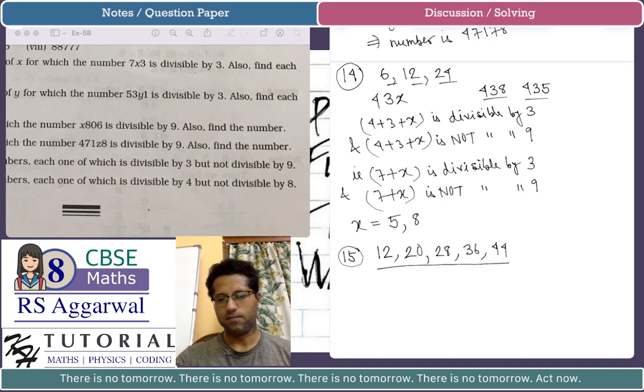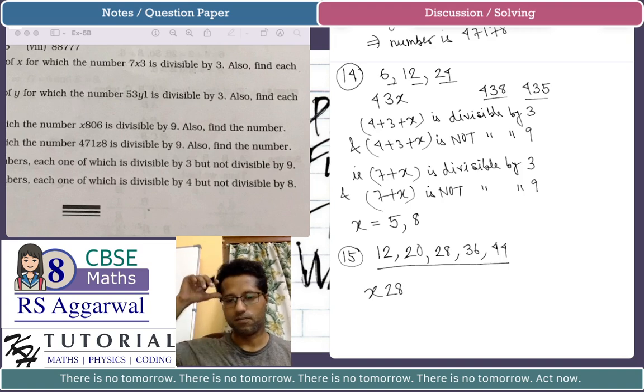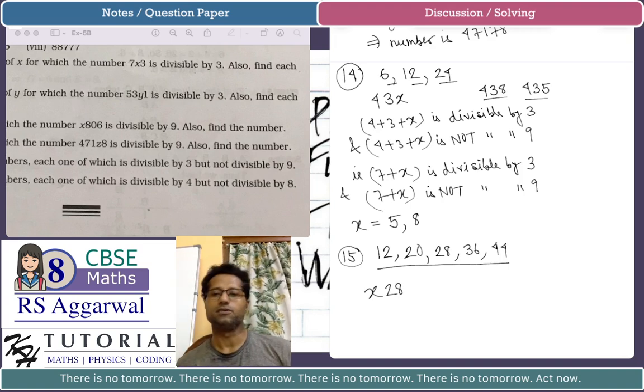Let's say we are forming a three-digit number, x is the leftmost digit, and we are trying to form the number x28 such that it will not be divisible by 8 but it will be divisible by 4. As you can see, if I take any digit in place of x, it will be divisible by 4, because the last two digits, 28, are already divisible by 4.